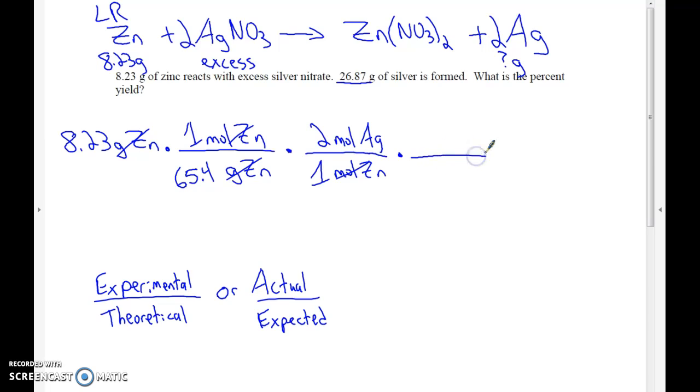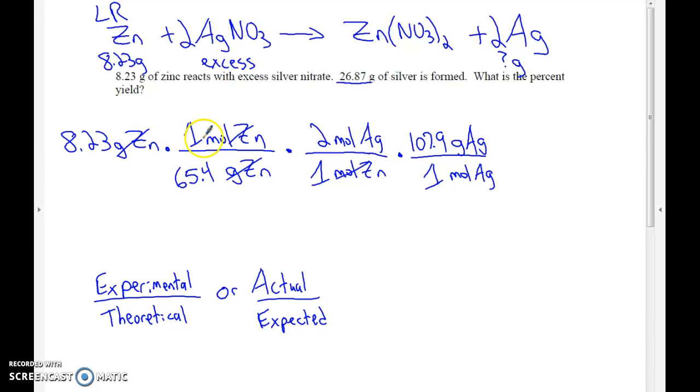Now what I have is moles of silver, but I do not want moles of silver. I want grams of silver, so this is going to be another conversion factor. Remember, the conversion factors are converting from one unit to another, and in this case it's of silver, of the same element or compound or whatever it is you're talking about. So now conversion factors get the number 1, and I get the mass for silver from the periodic table, 107.9.